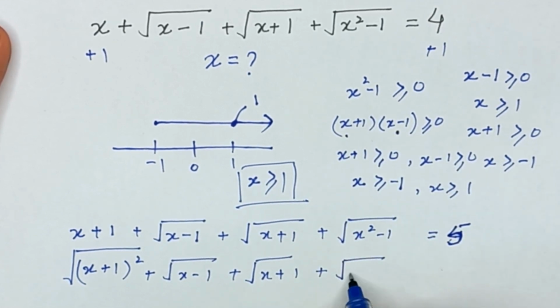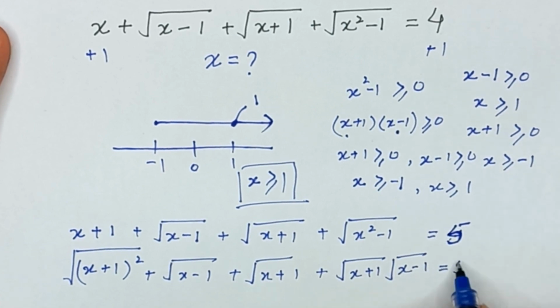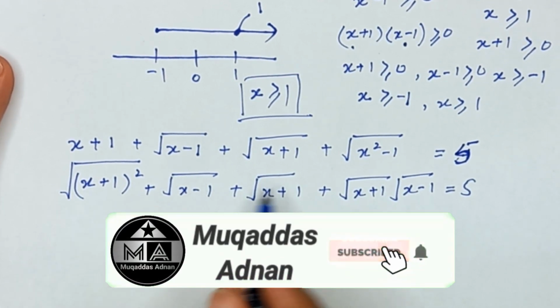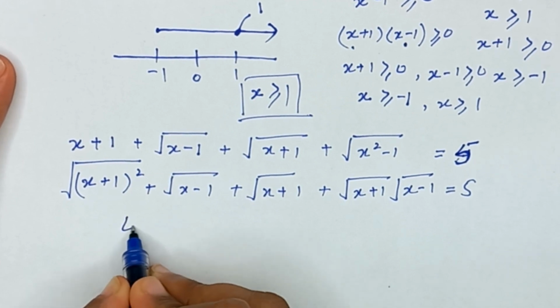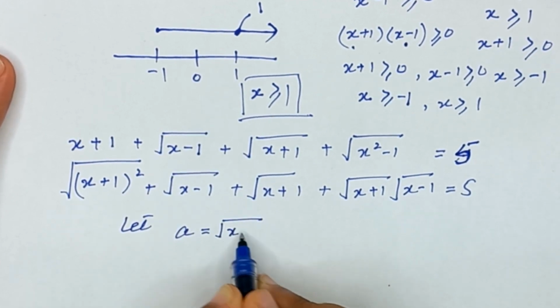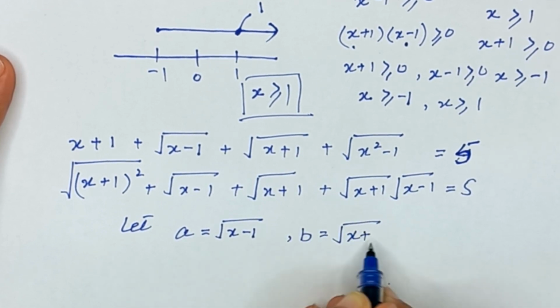So it will be square root of x plus 1 and square root of x minus 1, which is equal to 5. So here we have x plus square root of x plus 1 and square root of x minus 1. So we will let a is equal to square root of x minus 1, b is equal to square root of x plus 1.